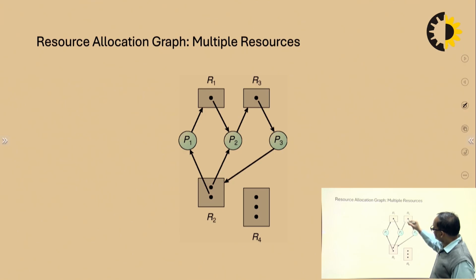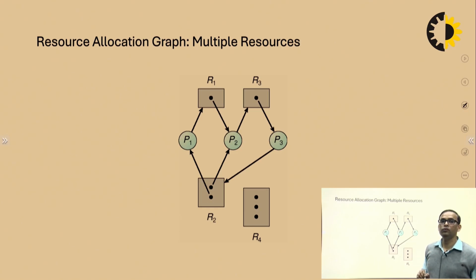Okay, and an instance of R1 is assigned to process P1, the instance of R3 is assigned to process P3, one instance of R2 is assigned to P1, and the other instance of R2 is assigned to process P2. Simply, process P1 is waiting for an instance of R1, process P2 is waiting for an instance of R3, and process P3 is requesting or waiting for an instance of R2. So this is a resource allocation graph.